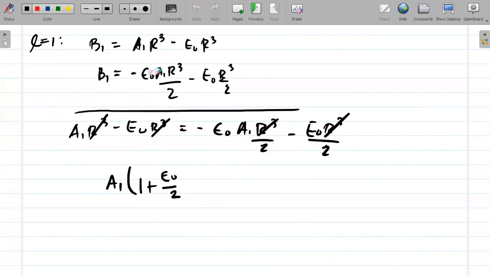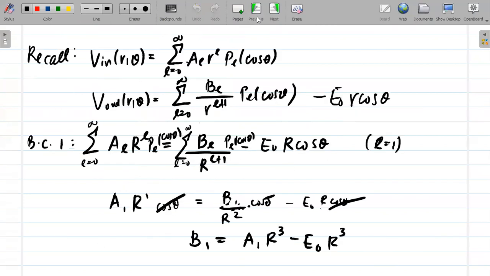Ay, nagkamali ako. Epsilon. That is equal to E naught minus E naught over 2. So, ito ay negative, wait lang class. Plus.